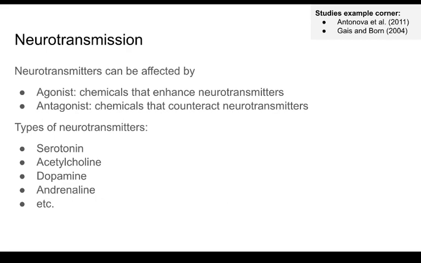Basically we use acetylcholine as a neurotransmitter, and we also have its artificial drug which inhibits the acetylcholine neurotransmitter. So the agonist would be the acetylcholine, and the antagonist would be the drug that inhibits the acetylcholine effect.